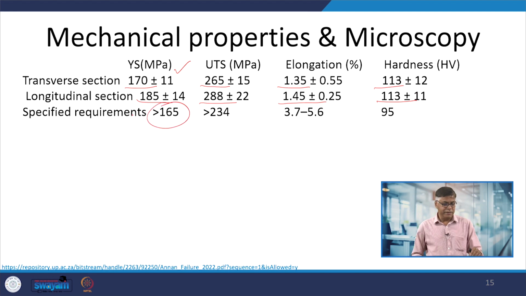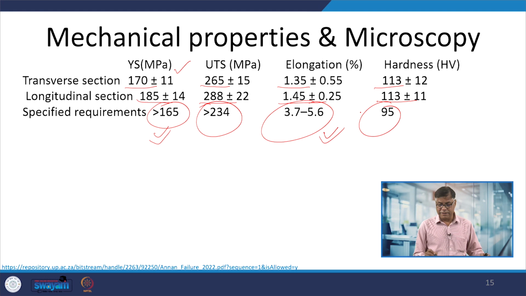If we see the specified requirement of yield strength greater than 165, that was satisfied, and ultimate strength greater than 234 is also satisfied, but the elongation should have been a little more, which resulted in the increased cracking tendency, and the hardness was a little lower.